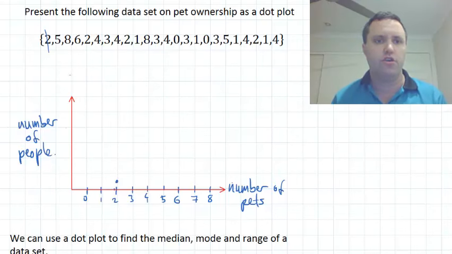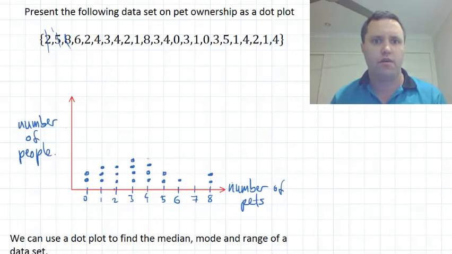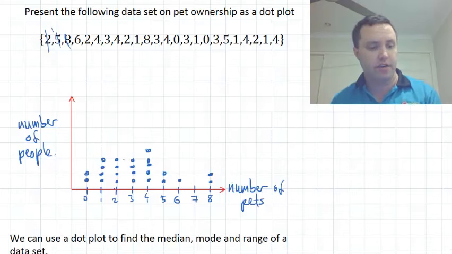We've got a 2, we've got a 5, we've got an 8, etc. I'm going to try and smash through this. Okay, so there's our dot plot. It's been placed on there for us.